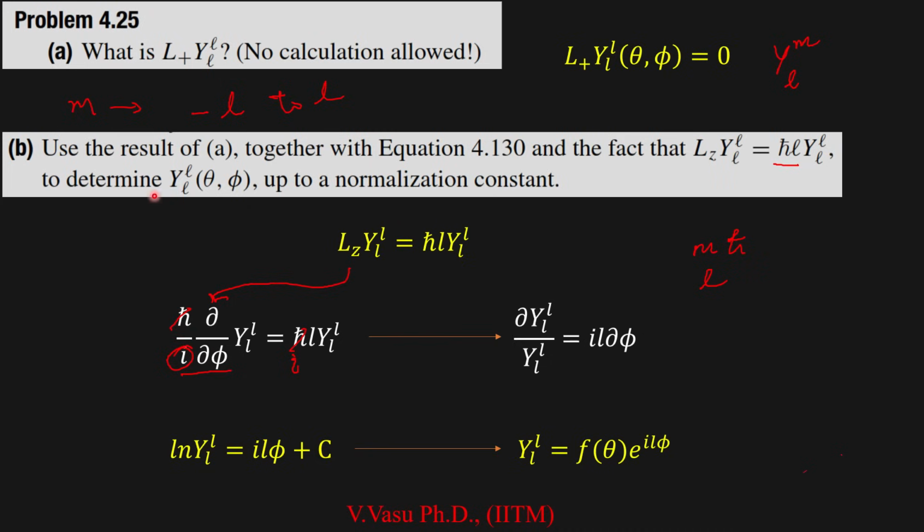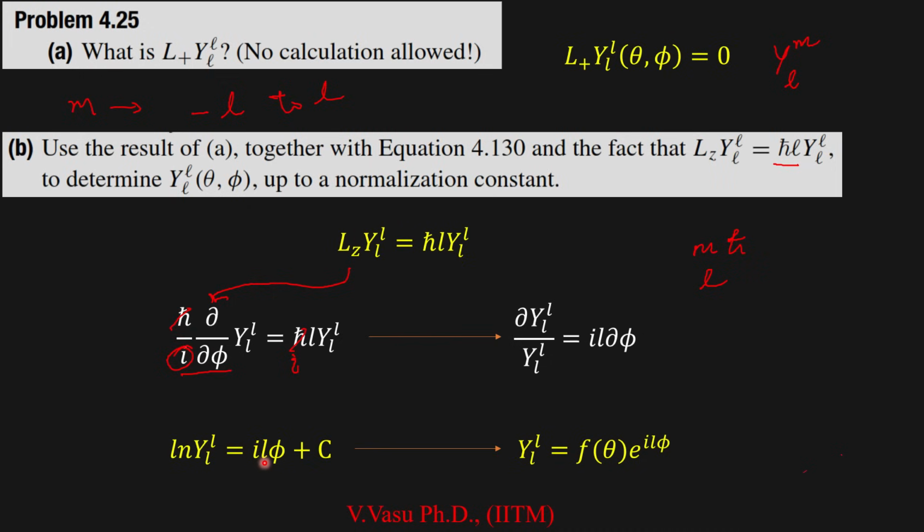Remember that Y_l^l is a function of theta and phi. However, Lz changes the state of the m-th state, which depends on phi. So this integration constant is f of theta, a function of theta.